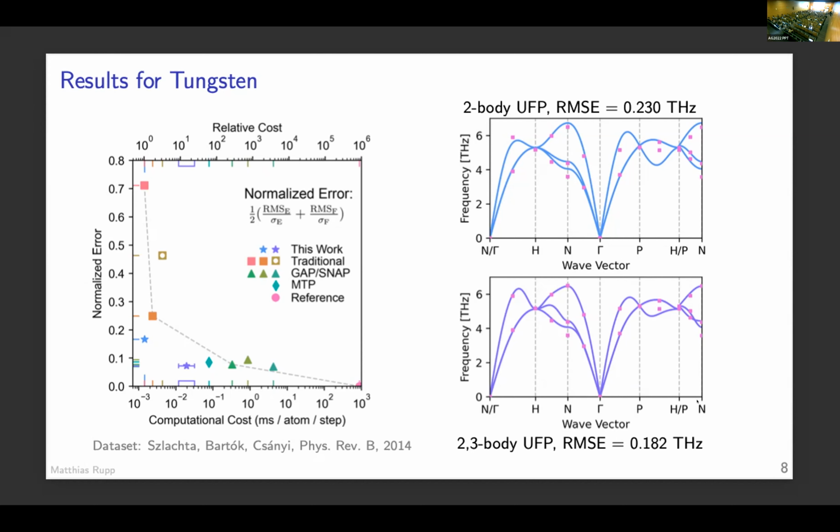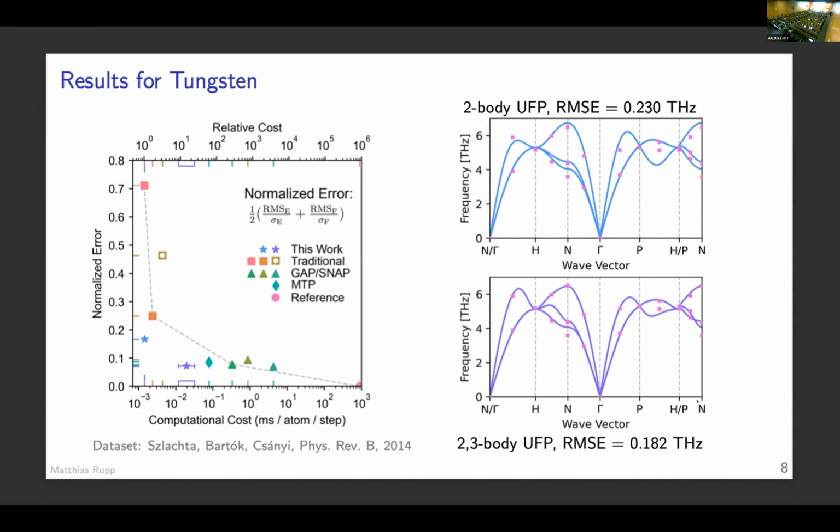On the left-hand side, we see a chart where we try to demonstrate where we are with this approach on the trade-off between accuracy of prediction and computational efficiency. On the horizontal axis, you see computational cost. In the bottom right corner is our density functional theory, in this case, reference.